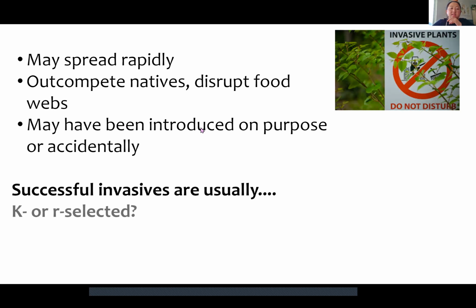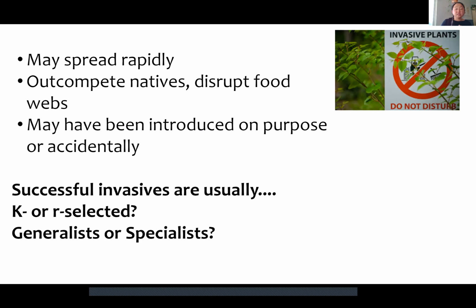And successful invasive species are usually, do you feel like they're K or r selected? And then are they usually generalists or specialists? So successful invasive species are usually r selected, because remember, r selected are the creatures that are usually smaller. They have a type 3 survivorship curve.